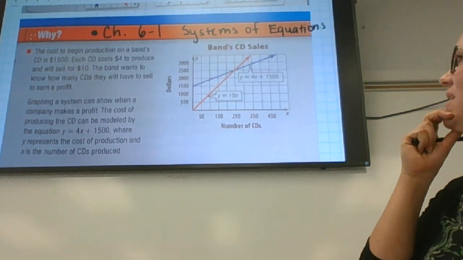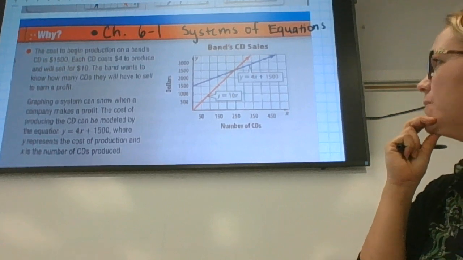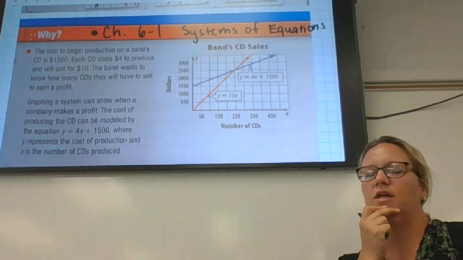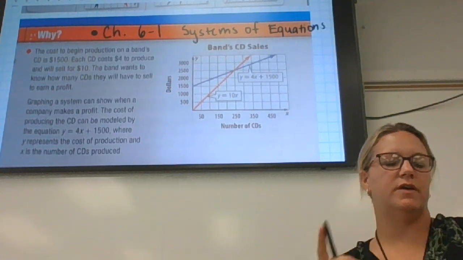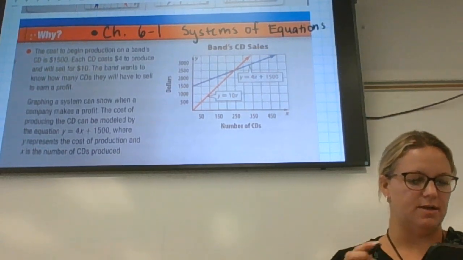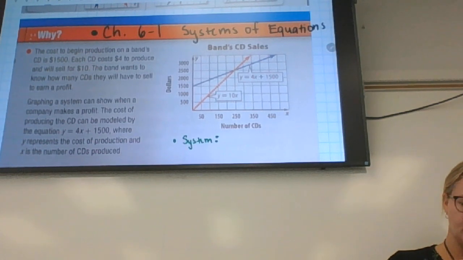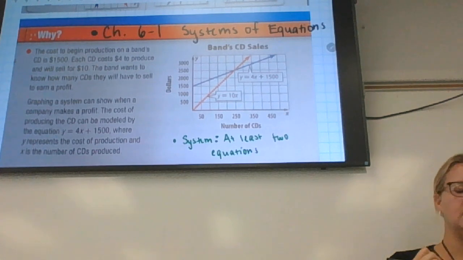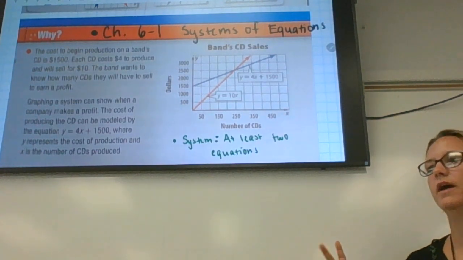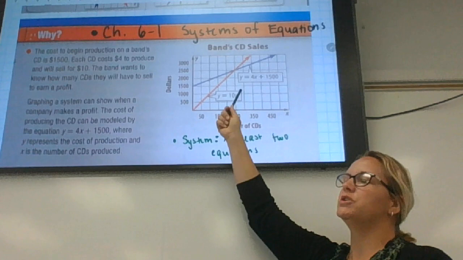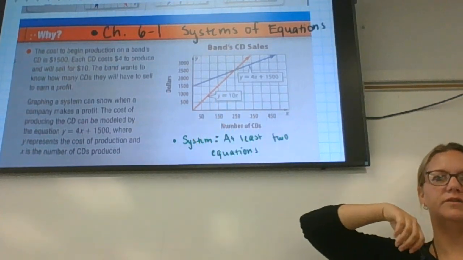Alright, so let's read what's up. First off, this is called a system of equations, and a system means at least 2 equations. Okay, so when I look at this picture here, how many lines do I see graphed? 2.